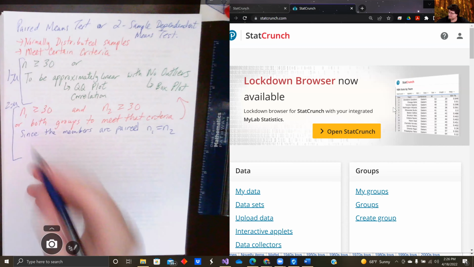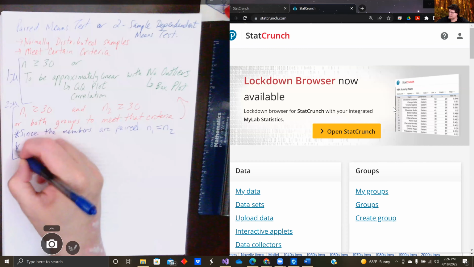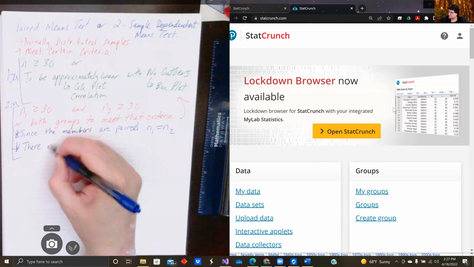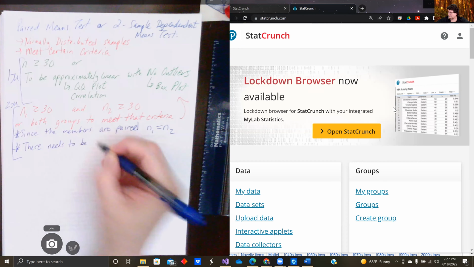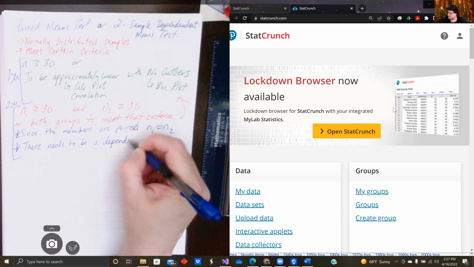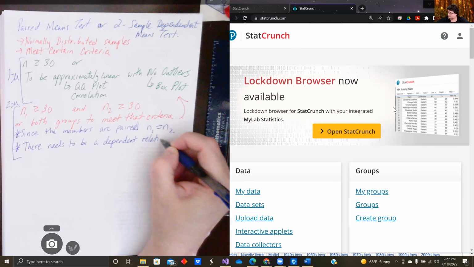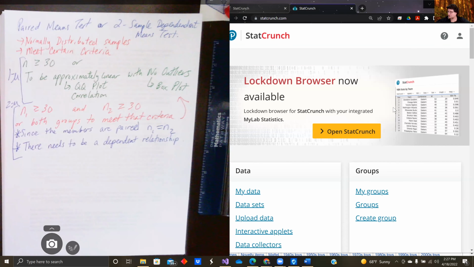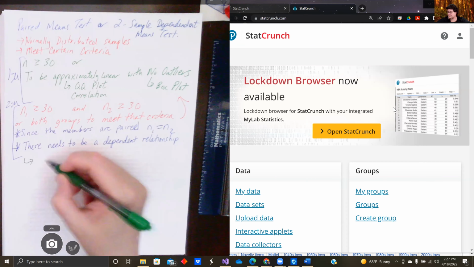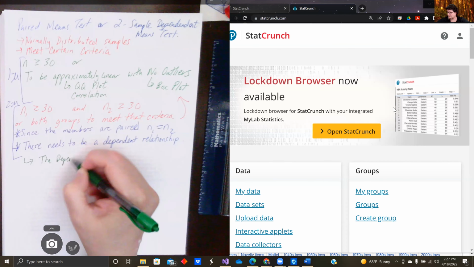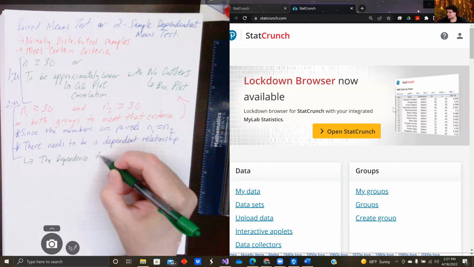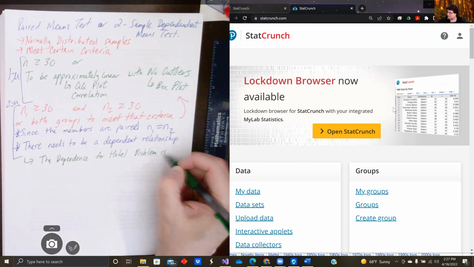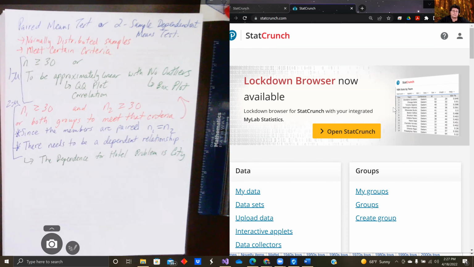And that's something that's added. And two, there needs to be a dependent relationship between them. In our problem, in the hotel problem, the dependence is city.